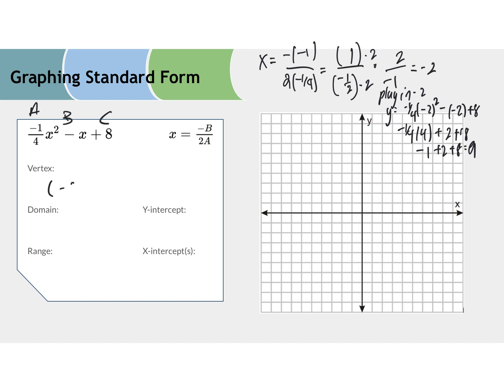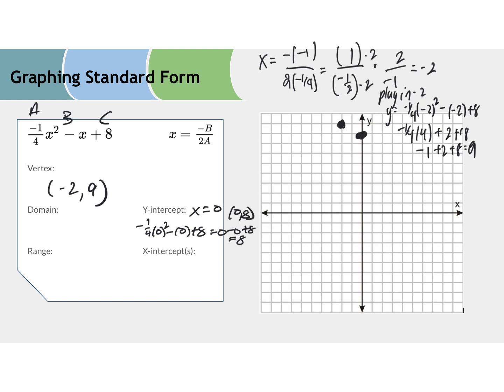So my vertex is (-2, 9). Which, oh good, I do have space for. Right about there. I like to get my y-intercept, which is actually quite easy again. Remember, it's when x equals 0, so -1/4 times 0 squared minus 0 plus 8. Well, that's 0 minus 0 plus 8, so just 8. So (0, 8).